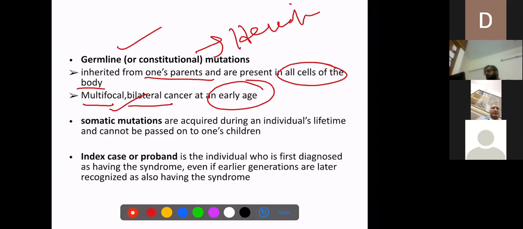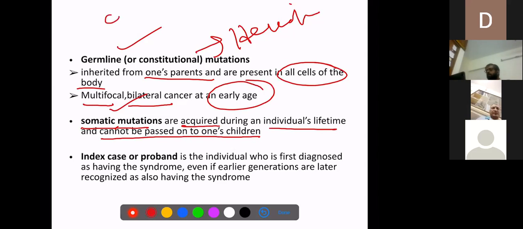Somatic mutations, I told you, are acquired mutations. They are not transmitted from one's parents. They are acquired during an individual's lifetime, and due to different processes. They are acquired mainly due to environmental processes, or due to lifestyle changes. They are not going to be passed to the next generation, and they are not going to be present in all the cells of the body.